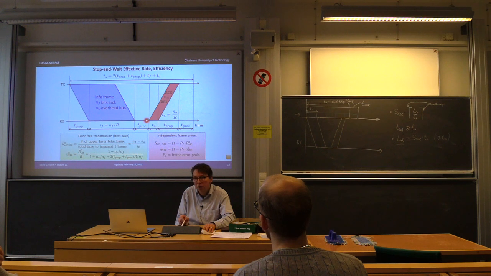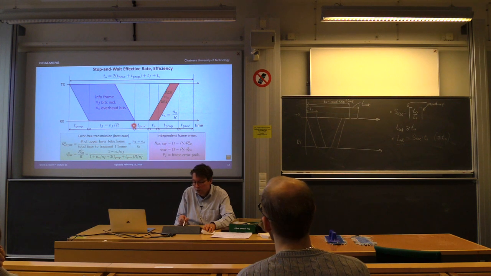There's some processing time, and then the acknowledgement goes back, the first bit and the last bit of the acknowledgement. A little bit of processing of this, and now we're ready to transmit the next packet. So this is the turnaround time or reaction time: propagation time, frame duration, processing time, acknowledgement frame time, propagation time, and some processing time.